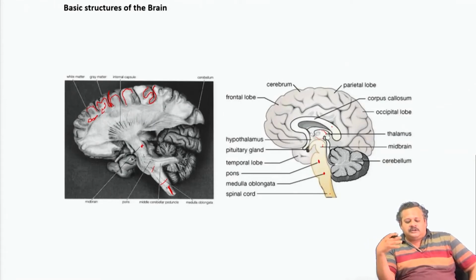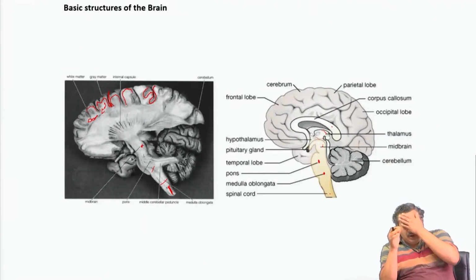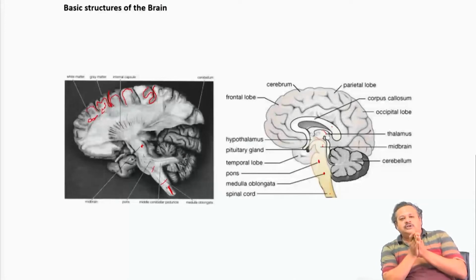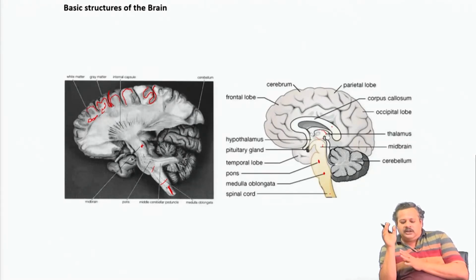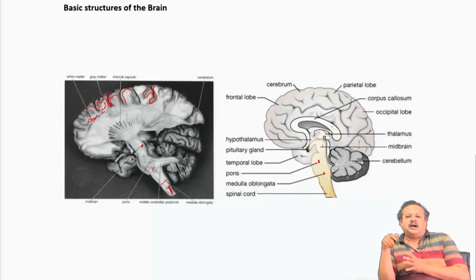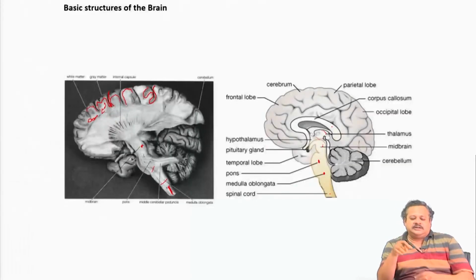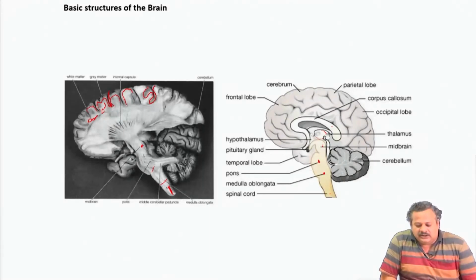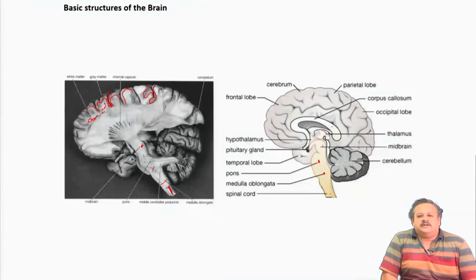It is an obligatory station through which the inputs from the various lower subcortical structures go to reach the cortex. Mostly all the inputs that come into the cortex are via the thalamus. As we will see, this is the stereotypical structure throughout the different sensory pathways and even other regions.